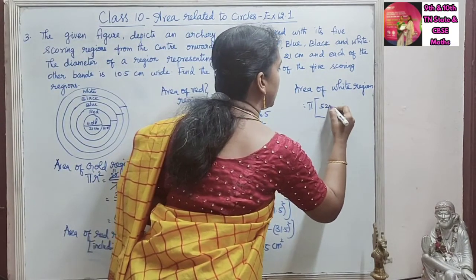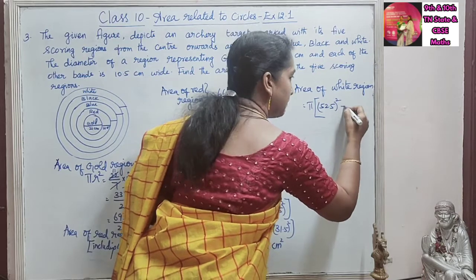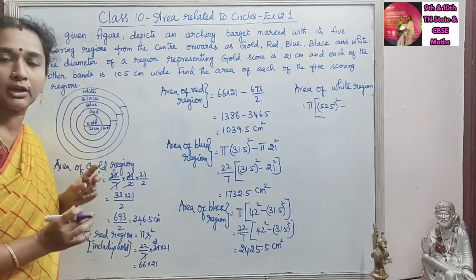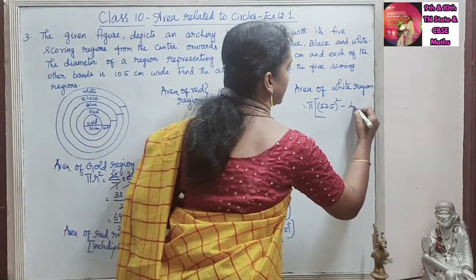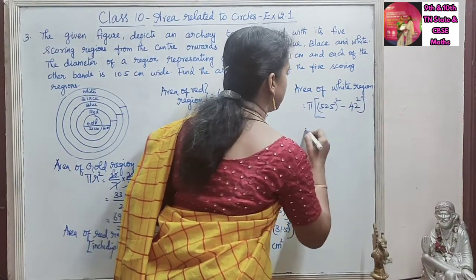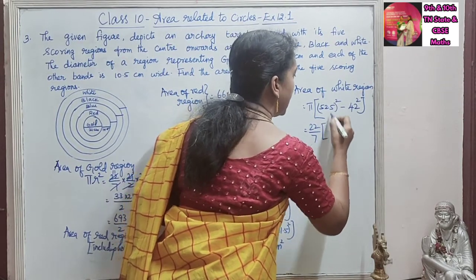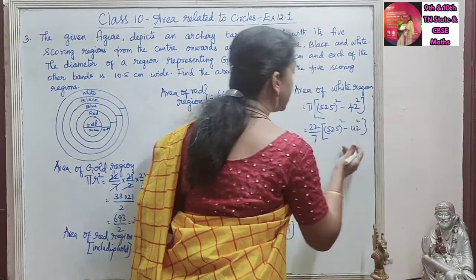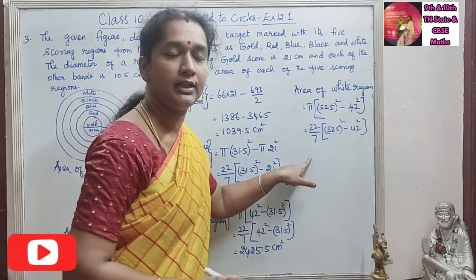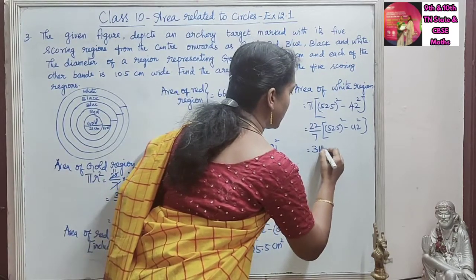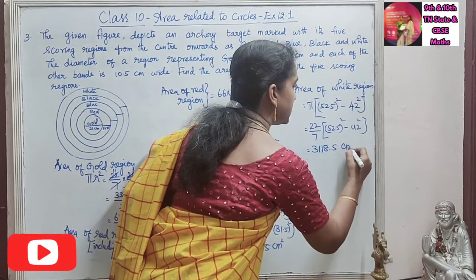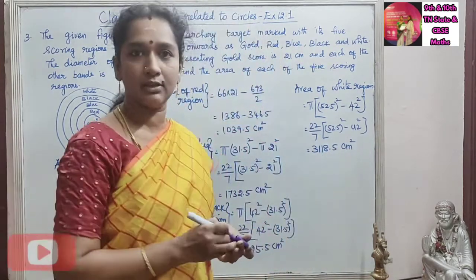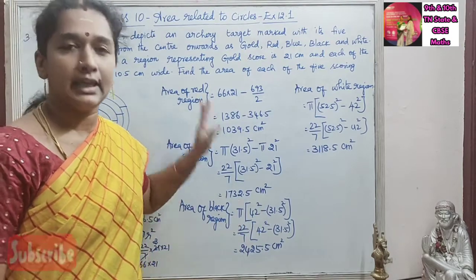So that is 52.5 the whole square minus, we will take all the remaining things, that is 21 plus 21, that is 42 square. So when we simplify this, this is 22 by 7 and finding the square of 52.5 minus 42 square and multiply it by 22 by 7, we will get 3118.5 centimeter square. So only formula is area of the circle.